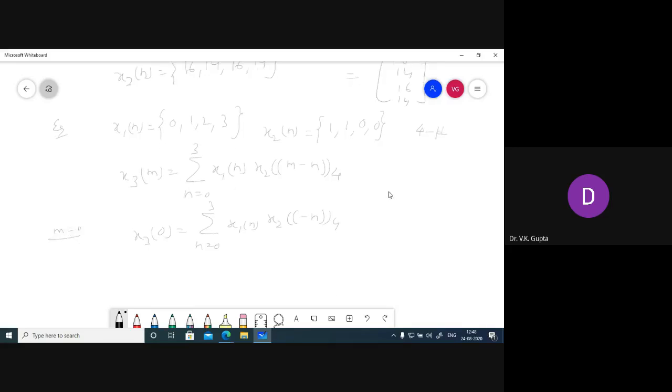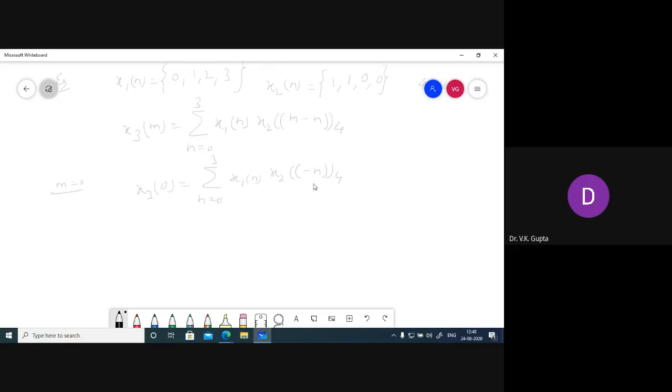So let us draw x1(n) and x2(minus n) in the circle. This is your circle for x1(n), this is your positive direction, 0 starts from here. So we have 0, 1, 2, 3.